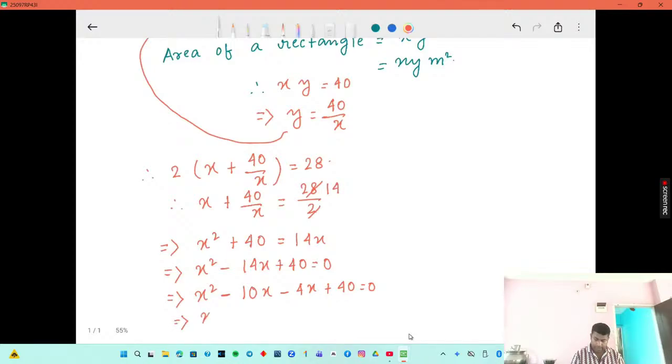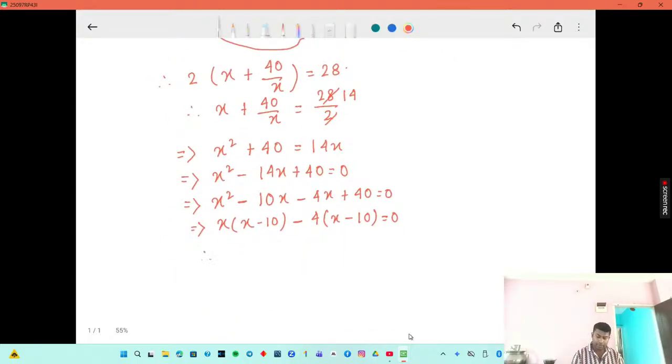So x minus 10 minus 4 times x minus 10 is equal to 0. Therefore, x minus 10 times x minus 4 is equal to 0. Therefore, x is equal to 10 and x is equal to 4.